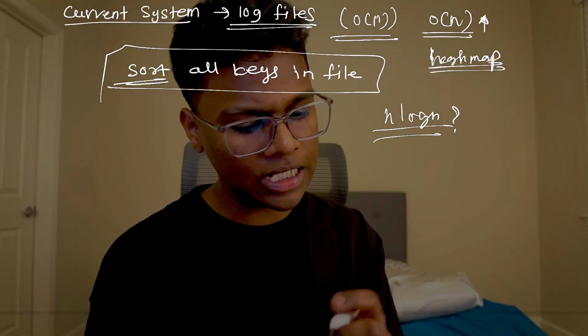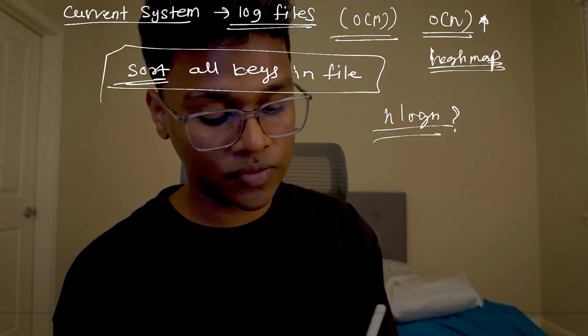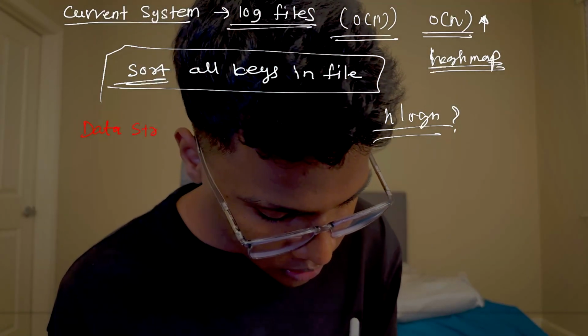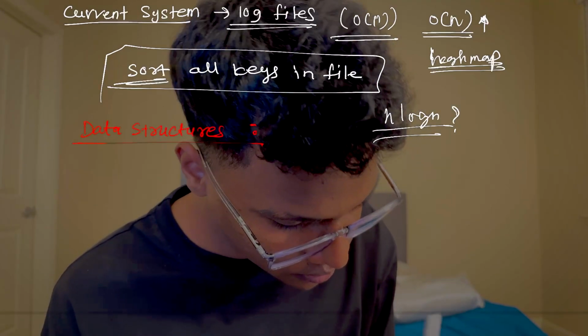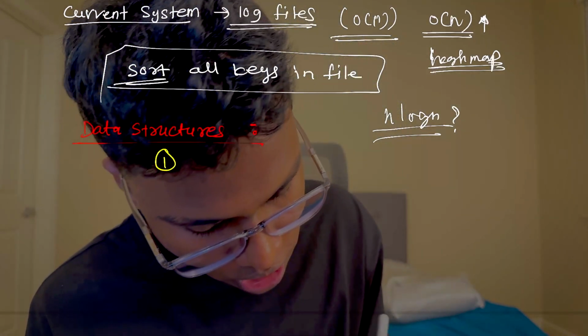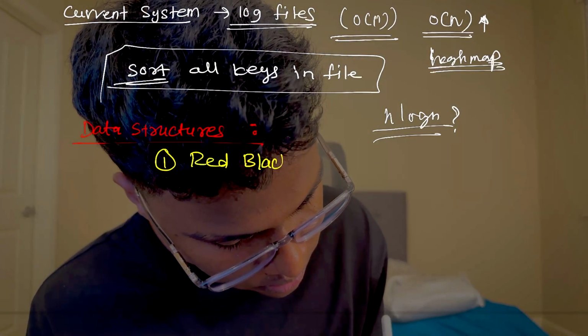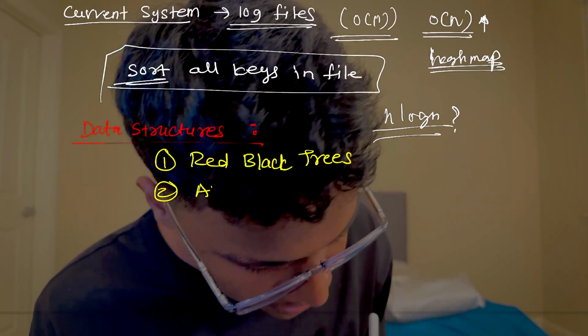Or let me just tell you, there are much more sophisticated data structures, which are red black trees and AVL trees.